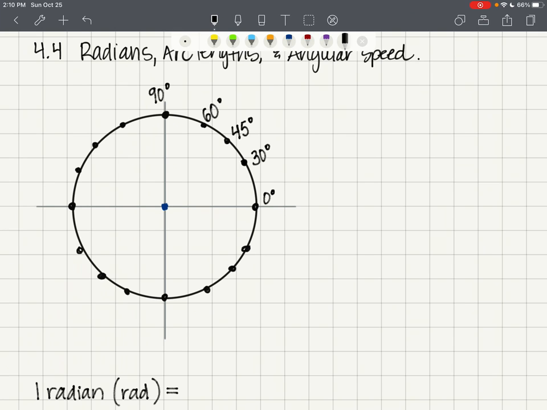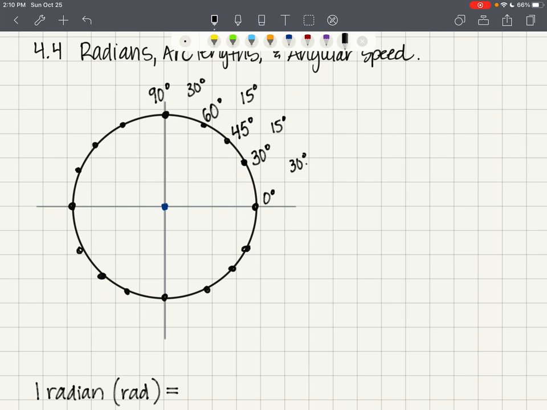These are critical points around the circle because that's going to allow us to make 30, 60, 90 degree triangles and 45, 45, 90 triangles. So we're going to turn 30 degrees, then 15 degrees, then another 15 degrees, and then another 30 degrees.